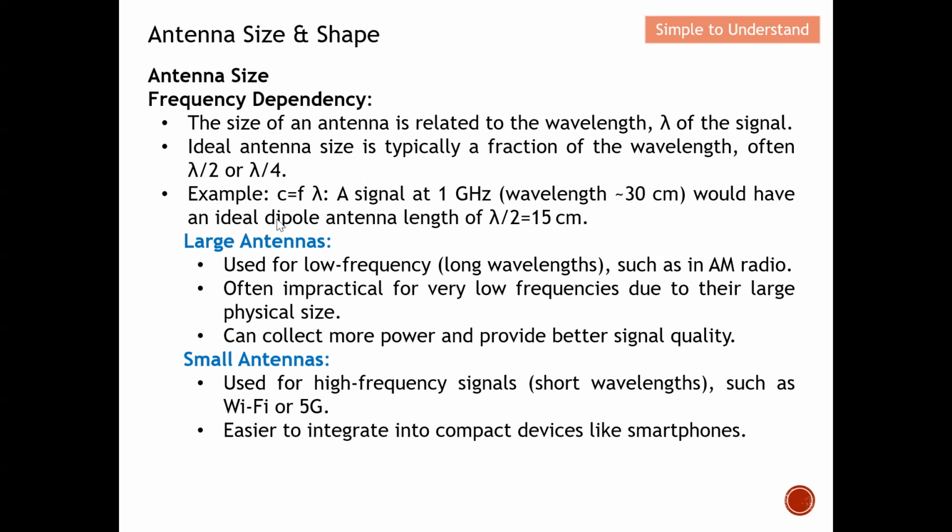We know that the dipole antenna is half of a wavelength, so the overall size of the dipole antenna can be about 15 centimeters. From here you can see that with the frequency, I get my wavelength, and with the wavelength, I can obtain the antenna length.